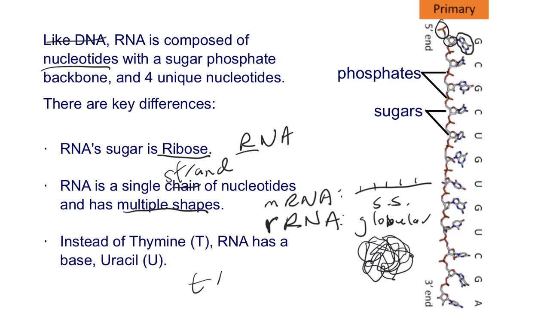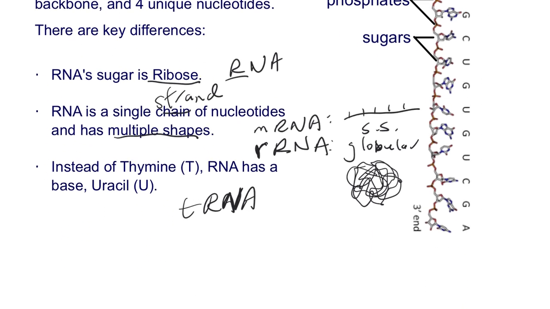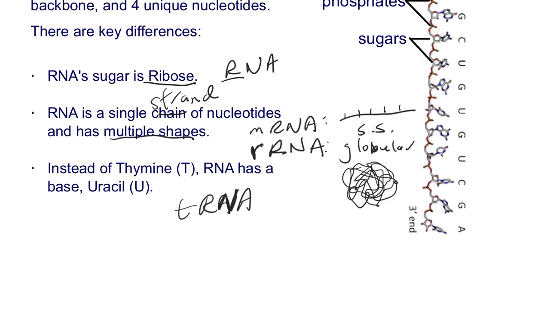And then tRNA has parts that are double-stranded and parts that are single-stranded, so it looks like a T. So it has parts that are double-stranded. Okay, those are the hydrogen bonds between nitrogen bases. Then parts that are single-stranded. So I call that T-shape because that's what it looks like. So clover leaf shape or T-shaped.